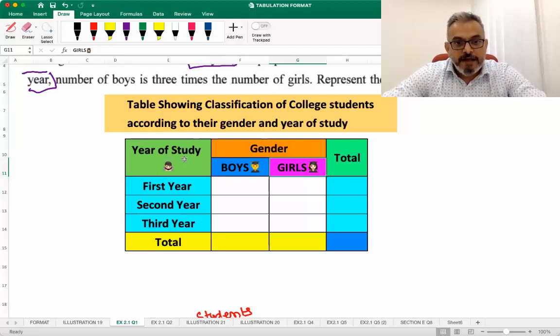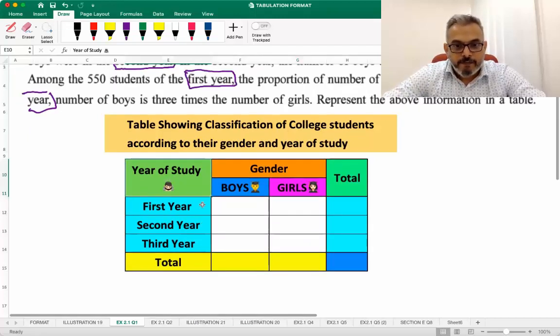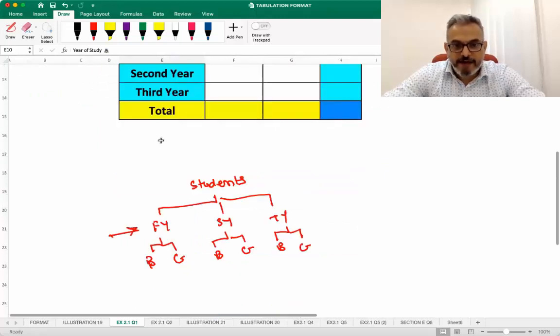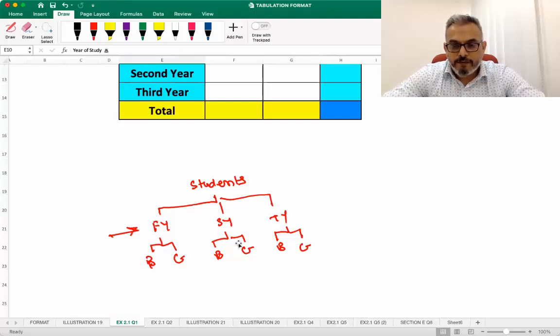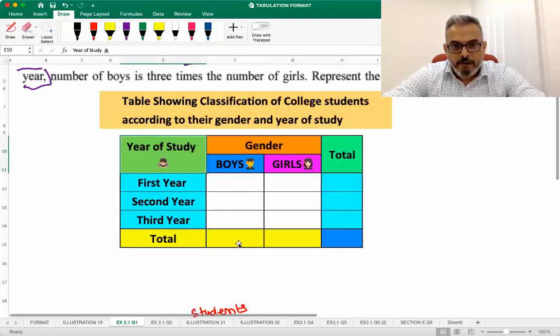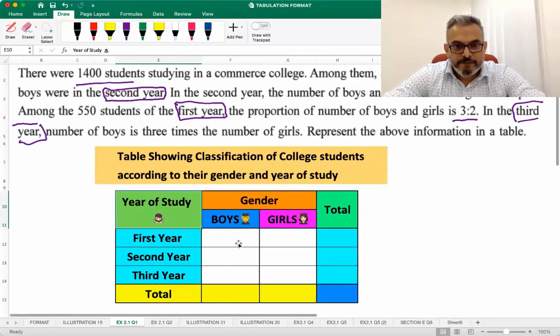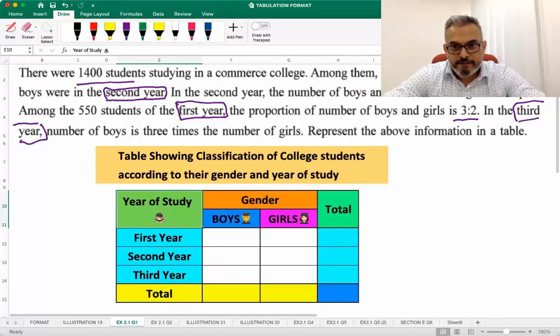So gender and year of study. You can also draw this diagram in rough. Now make the format, write the heading.